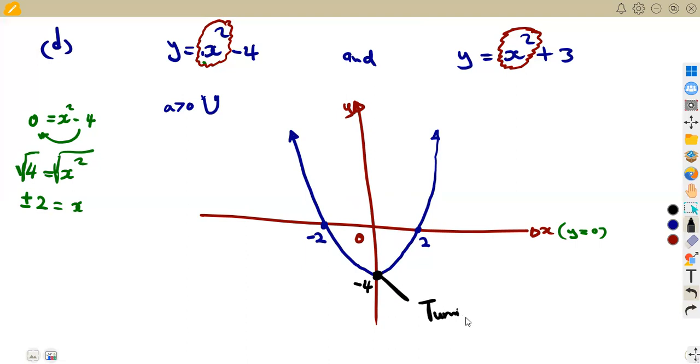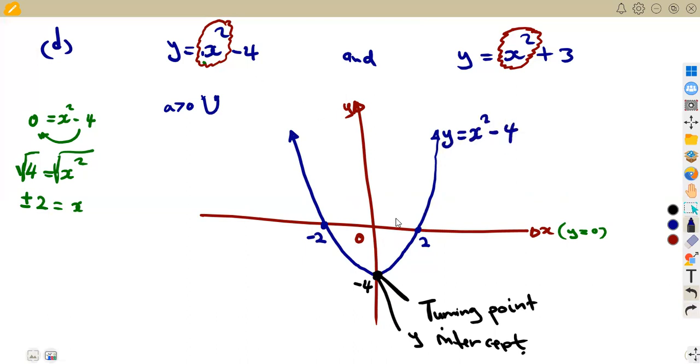It is referred to as the turning point. So it is the y-intercept, yes, but also it is the turning point. That's our y-intercept and also the turning point. This is our x-intercept, right? So that is how we could have drawn the graph of y is equal to x squared minus 4.